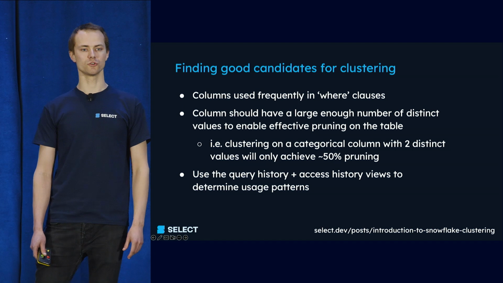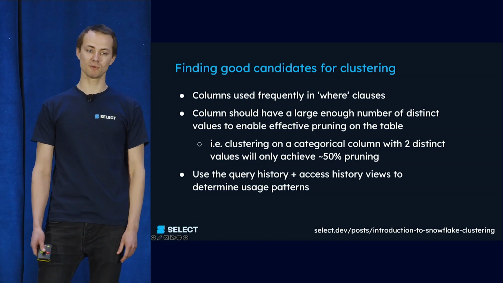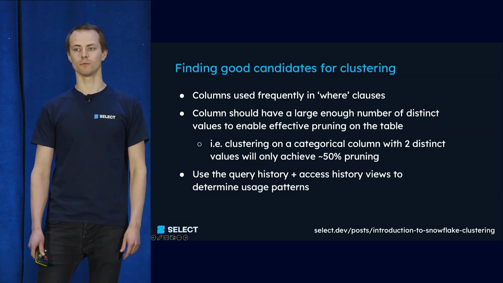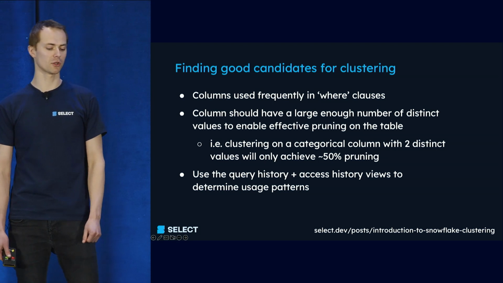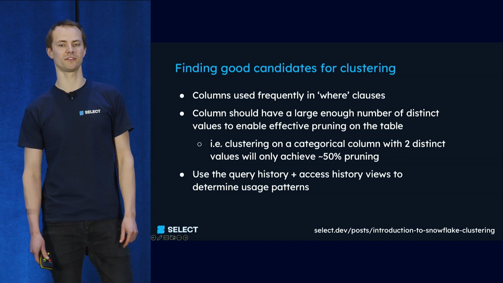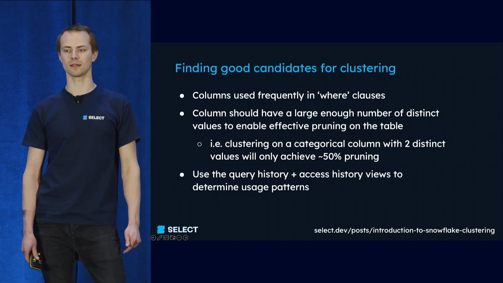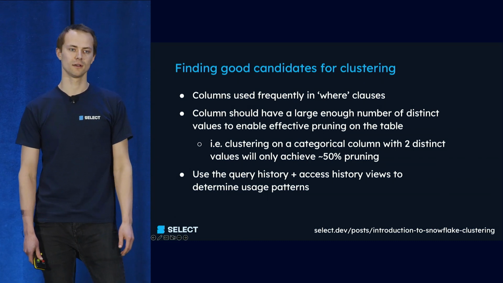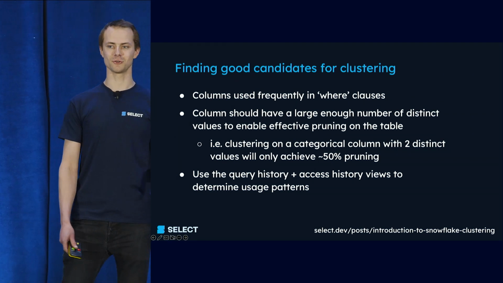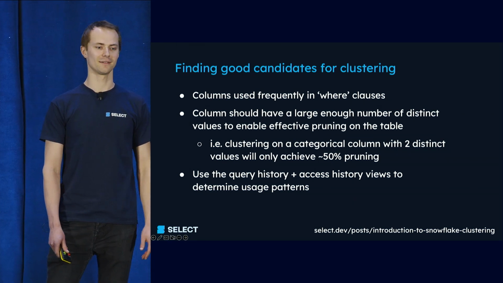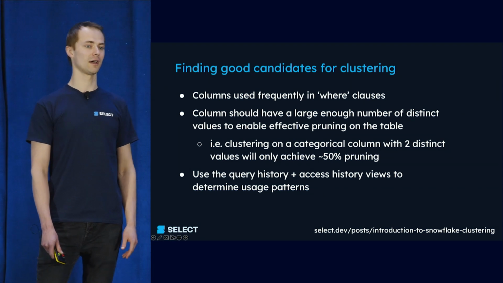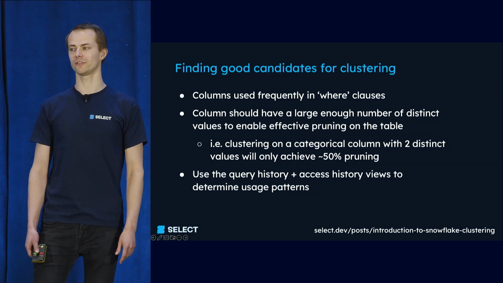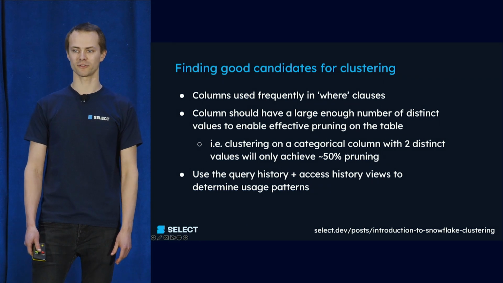So how do we find good candidates for clustering? Really, it just comes down to columns which are used in where clauses and also join conditions, which Ian will mention in a bit. But the column should have a large enough number of distinct values that Snowflake is able to discard micro-partitions that aren't needed. So if you choose a column which has only got 2 different values, like a true or a false, and they represent maybe 50% of the values in the table each, and you filter on that, Snowflake at most is going to be able to discard half the micro-partitions.